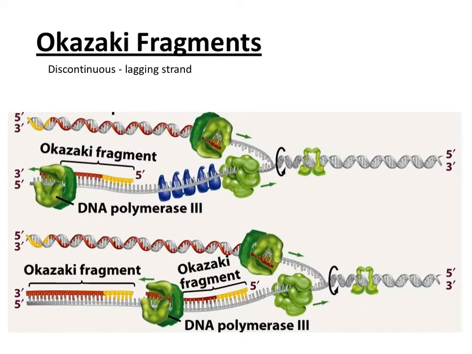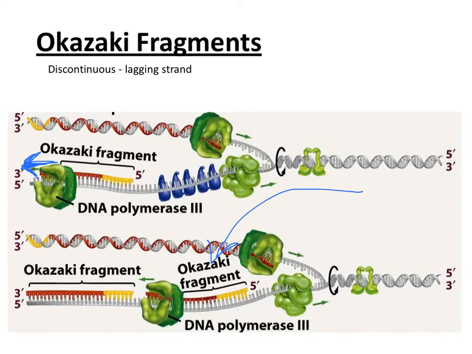So you end up creating fragments, and that is shown on the bottom part here. Okay. So if you look, creating 5' to 3', notice here the arrow is going in this direction, so you are synthesizing in that direction.